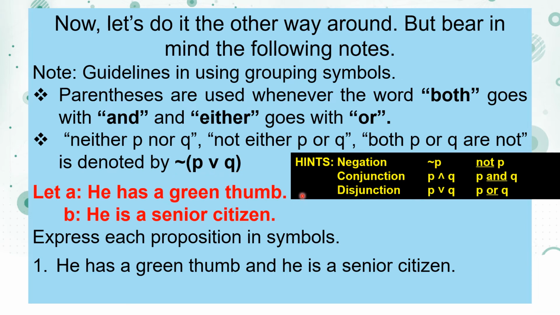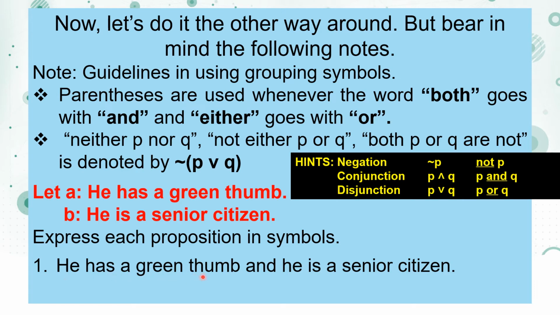So, let's have an example. A is the proposition: He has a green thumb. B is the proposition: He is a senior citizen. So, express each proposition in symbols. Let's have number 1.